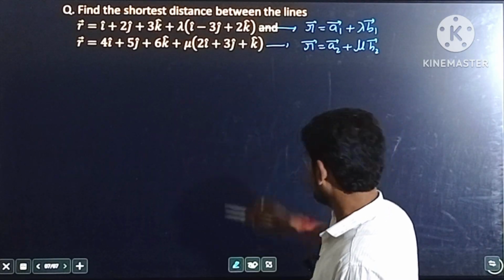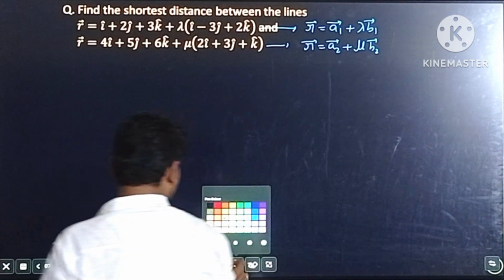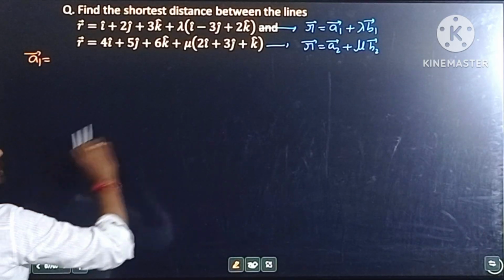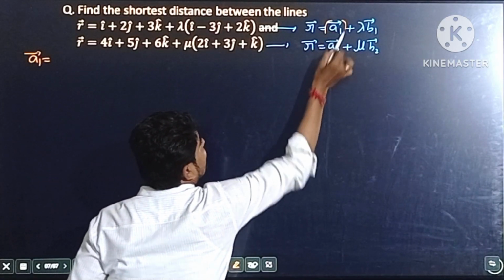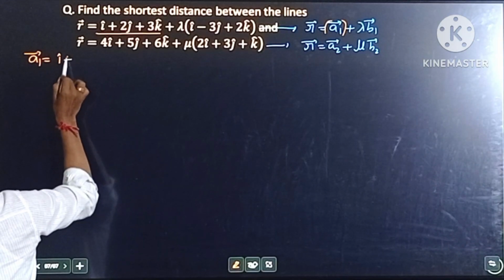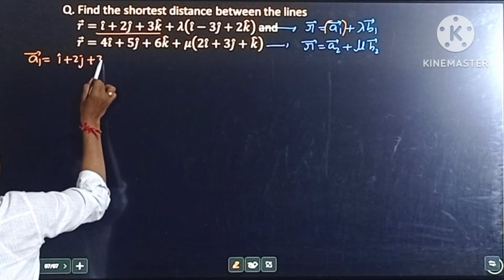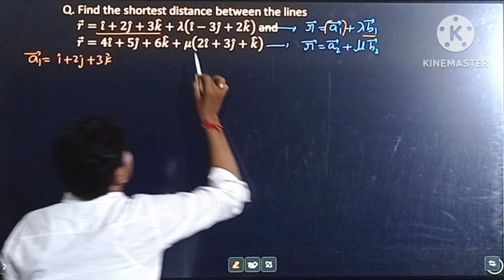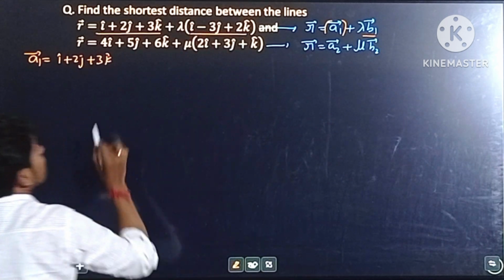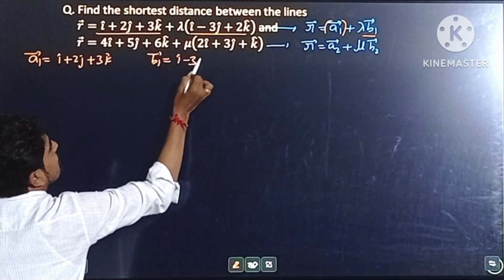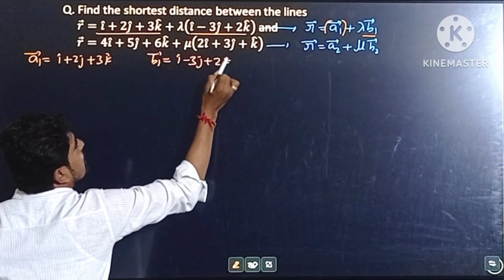By comparing, we got a1 vector equals i plus 2j plus 3k, and b1 vector equals i minus 3j plus 2k.